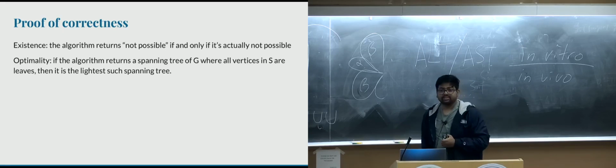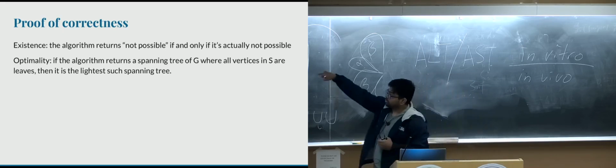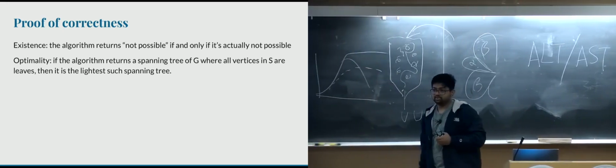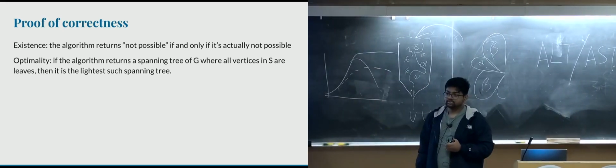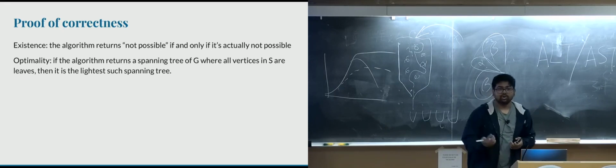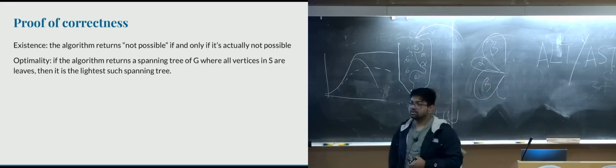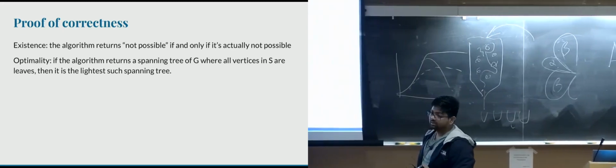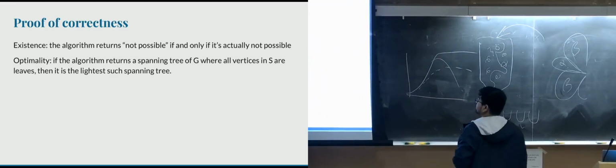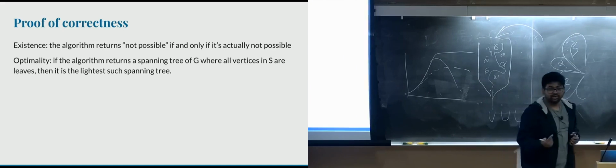So how do you prove the existence here? You have to prove these two things separately. So how will you prove the existence? What do you generally do in case of if and only if? Yeah, that's right. So we'll have to come up with two directions.